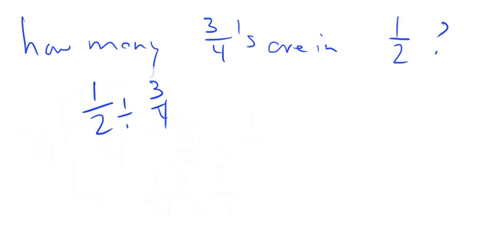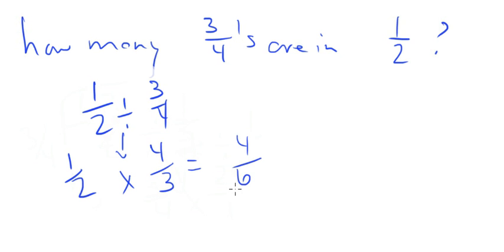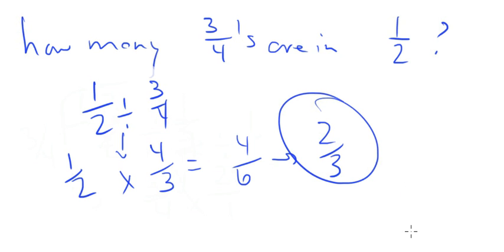So when I do this, what's my rule? I start with my 1/2, I change my sign, and when I change my sign, I have to change my fraction, right? So it's going to be 4/3, and now we're going to have 4/6. I can reduce that down to what? 2/3, right? Everybody see that?